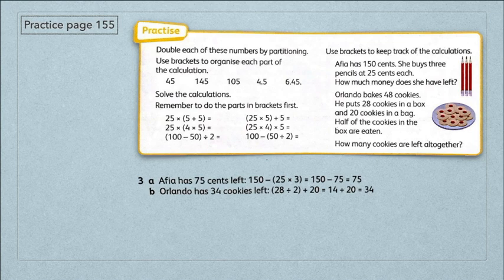We will say half of the 28 means open bracket, 28 divided by 2, plus the cookies inside the bag, plus 20. So 28 divided by 2 is going to give 14, plus 20 will make 34. So Orlando has 34 cookies altogether.